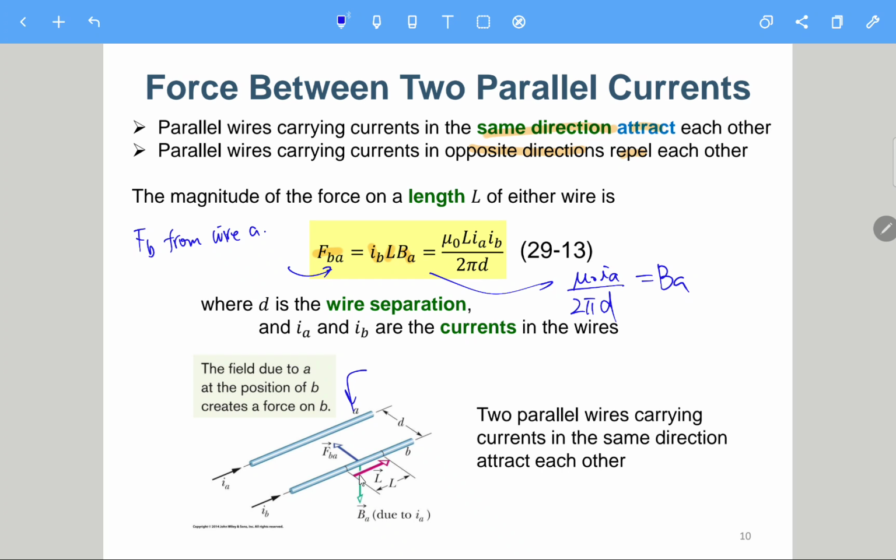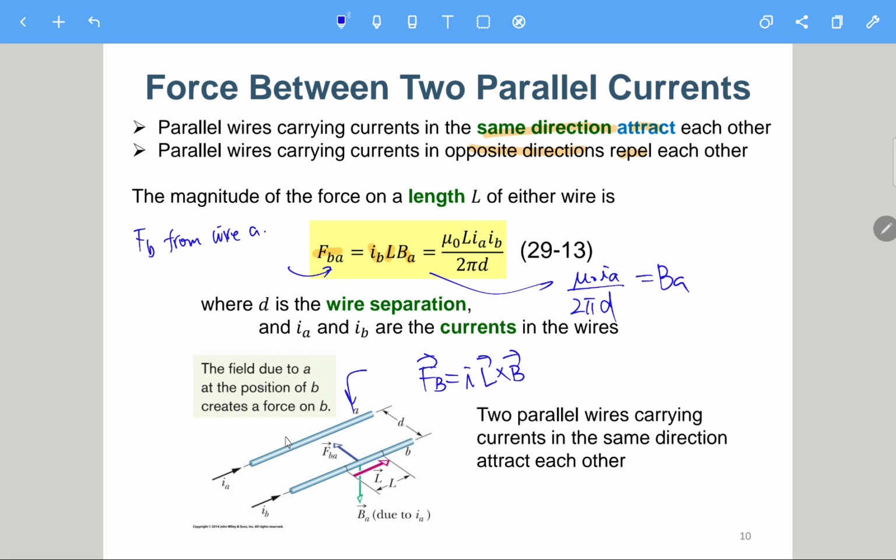So now we have FB is I L cross B. So you can have L cross B pointing to this side, which means pointing to wire A. So here we come up with the conclusion: as long as the current is in the same direction, then the two wires will attract each other.